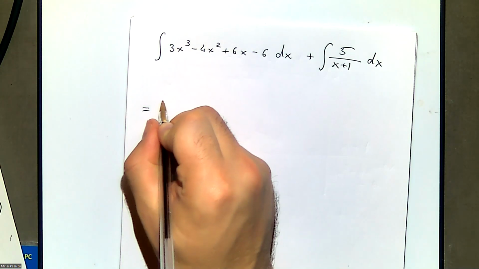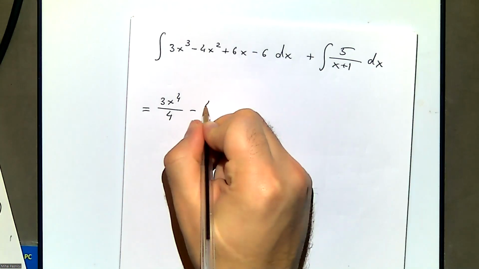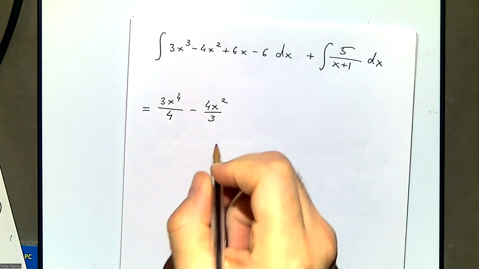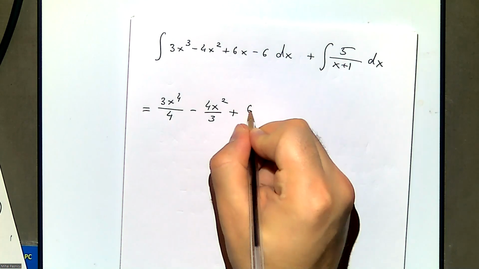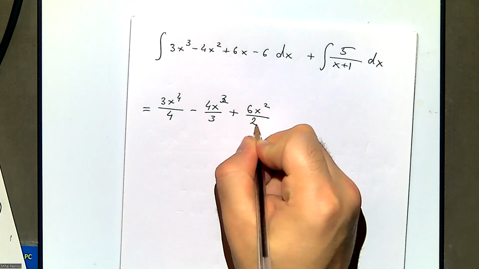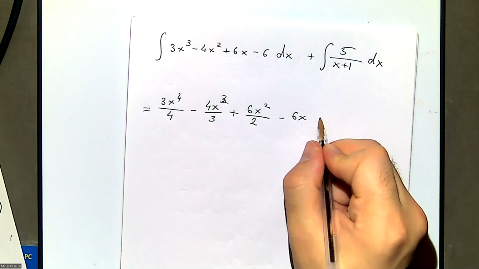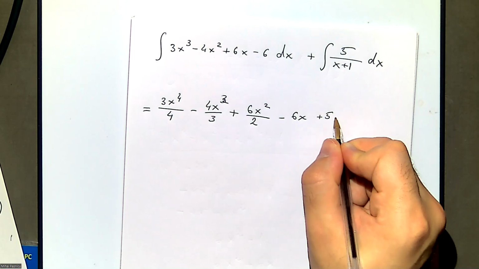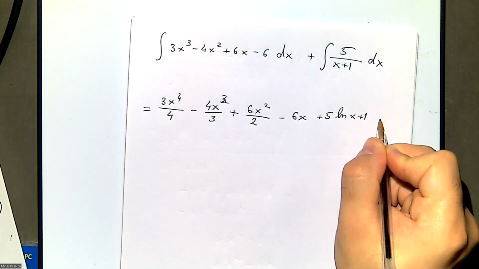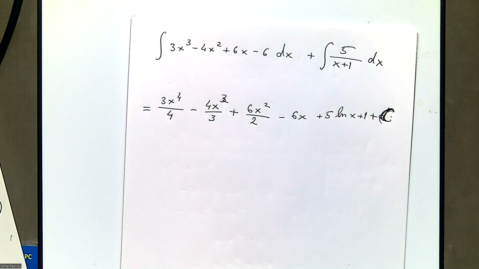This is just 3x to the 4 over 4 minus 4x to the 3 over 3 plus 6x squared over 2 minus 6x. And this is just plus 5 ln of x plus 1, plus a constant. Okay.